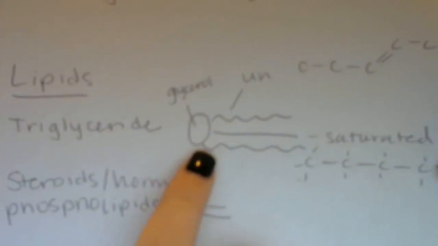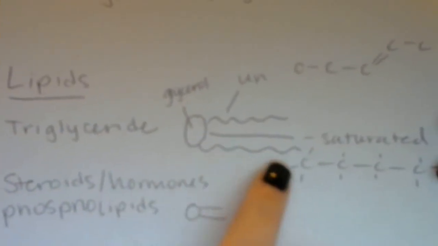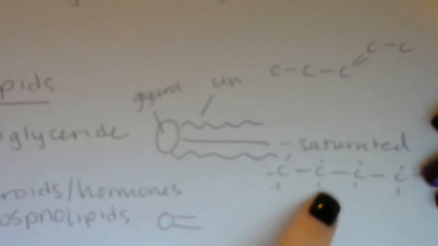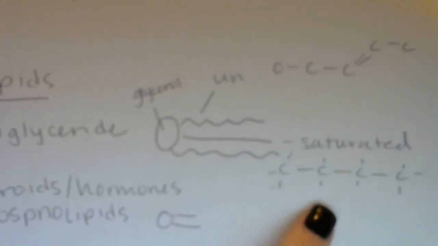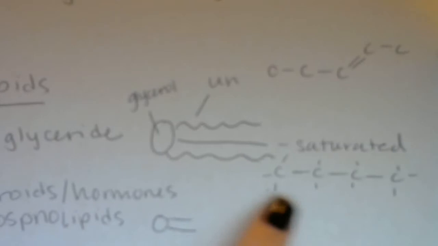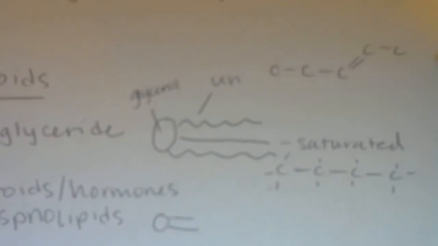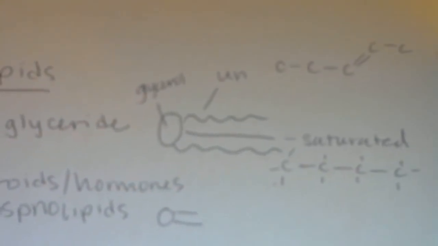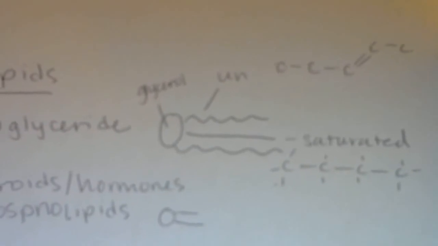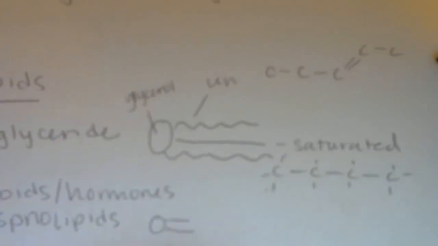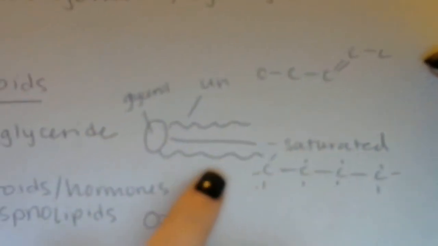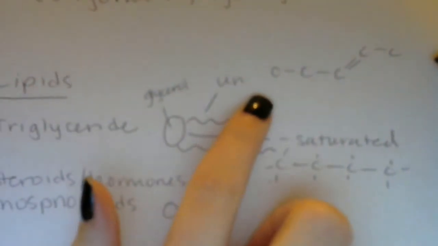Important to note, some of these are squiggly, some of these are straight. The straight ones would be what we would call saturated. The reason why they take on this shape is they are a carbon chain with every single carbon bonded to a maximum of hydrogen atoms, so it would be saturated with hydrogen. These kinked tails here would be what we'd call unsaturated.